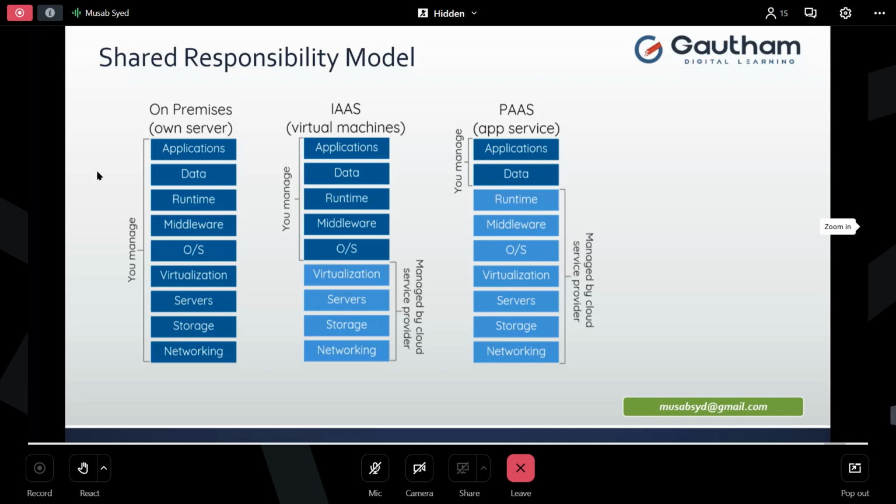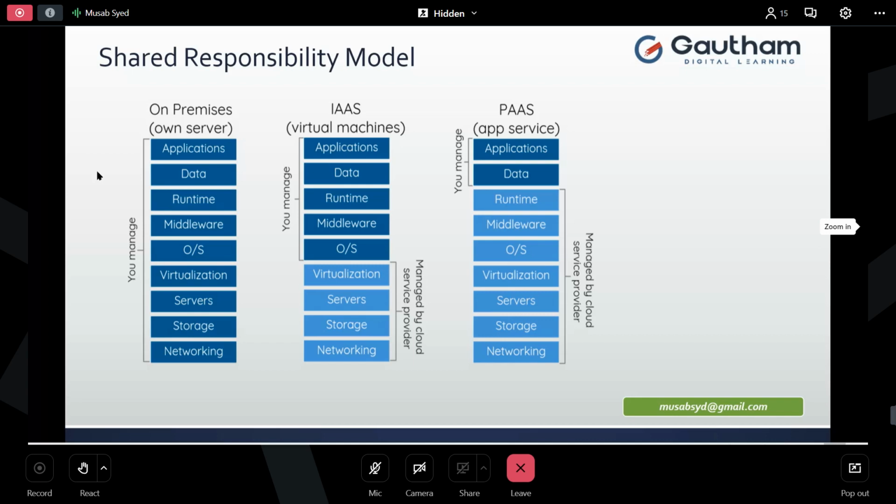Now, in this case, if I ask them, you manage servers, you manage OS, you manage everything, guys, their head will be blown out. So for them, the cloud provided platform as a service. That means they don't have to worry about servers, virtualization, operating system, nothing.